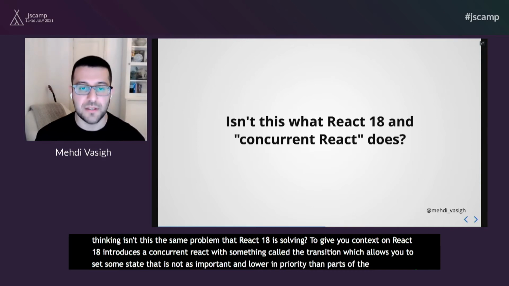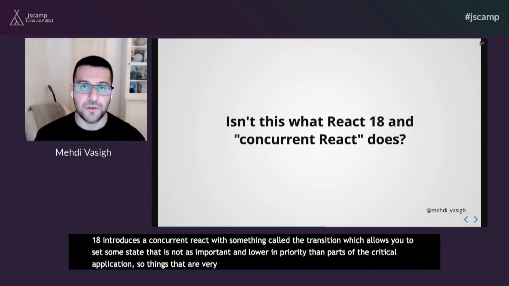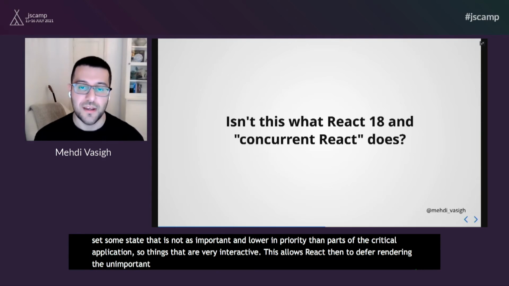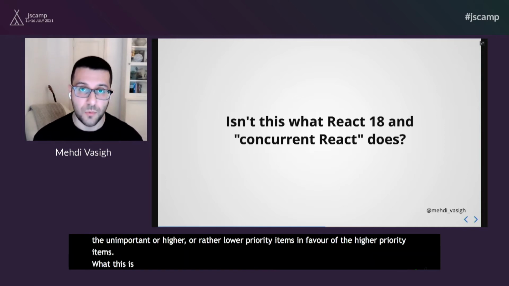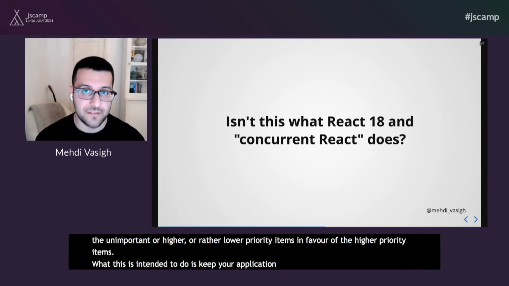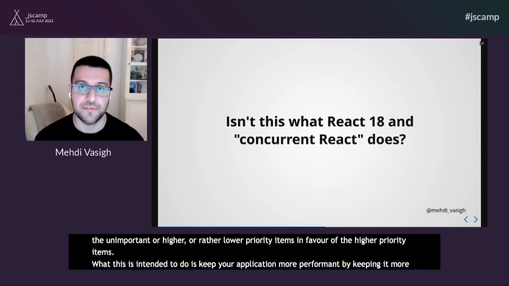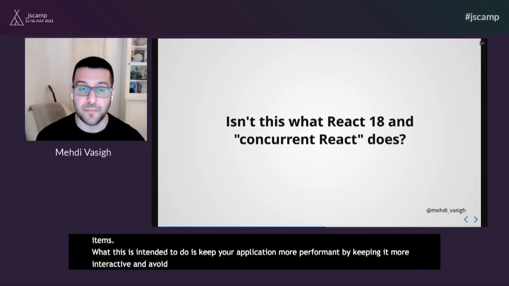And this allows React to then defer rendering the lower priority items in favor of the higher priority items. What this is intended to do is keep your application more performant by keeping it more interactive and avoid blocking interactivity when you're trying to perform a lower priority update.